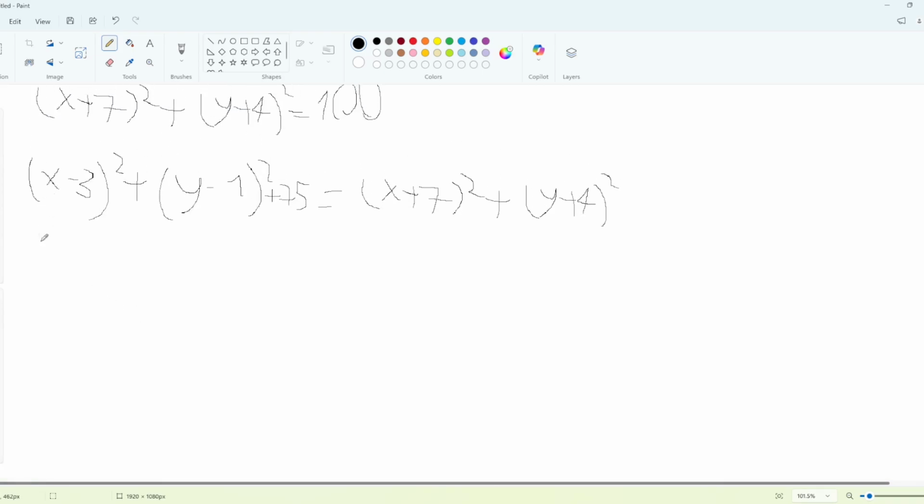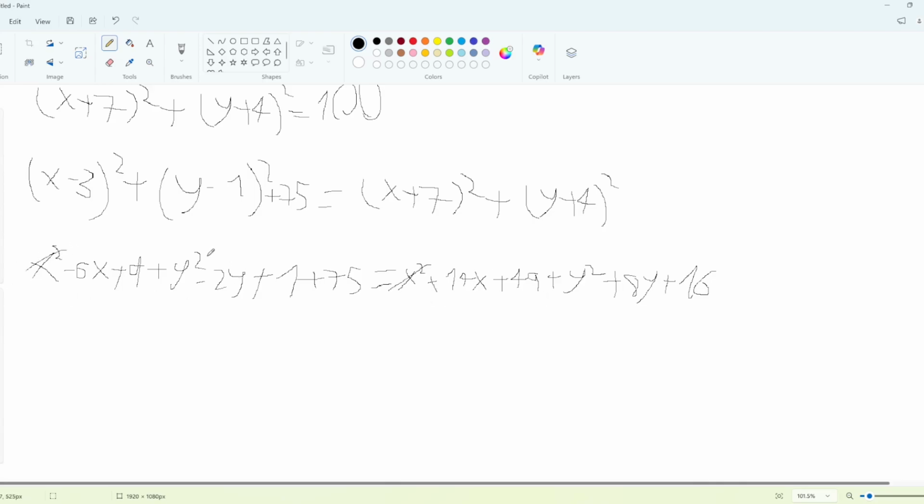Now let's open this up. Here I have x squared negative 6x plus 9 ... 8y plus 16. Now the immediate thing you're going to notice is that the x squared and the y squared terms cancel out.